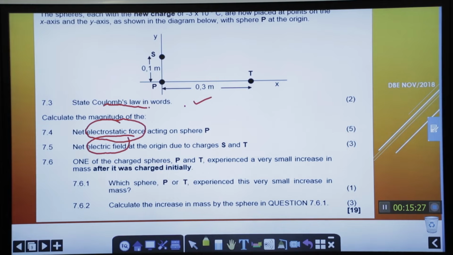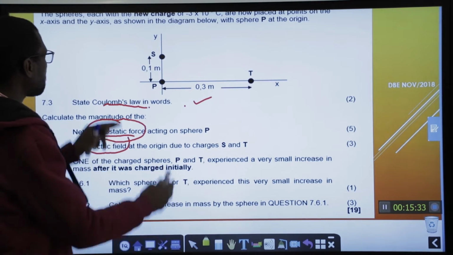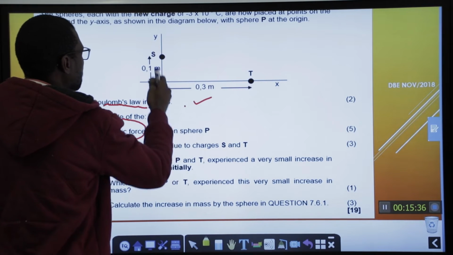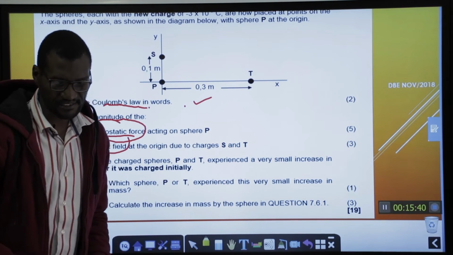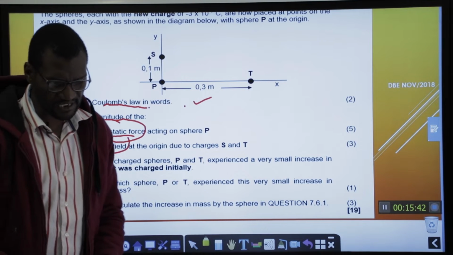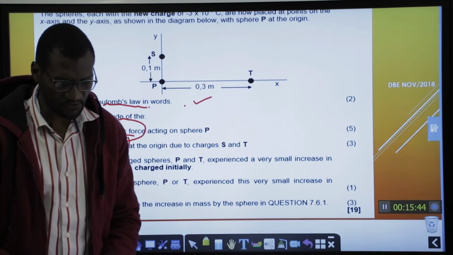Calculate, next question, the magnitude of the net electrostatic force at point P. Now, these are non-collinear forces that are acting at this instance. How am I going to calculate these non-collinear forces?